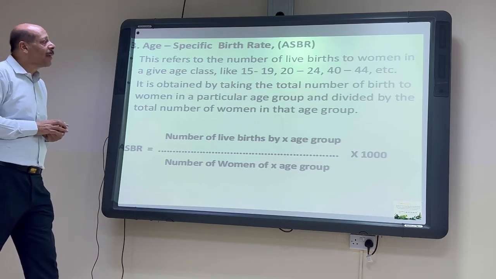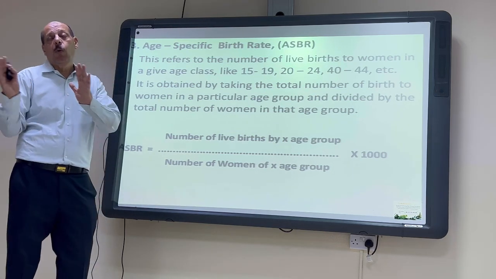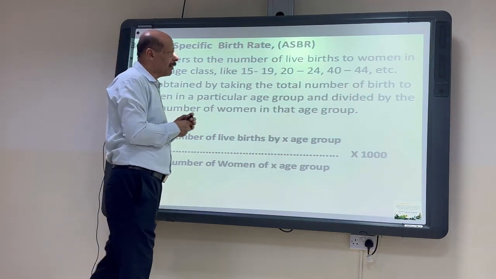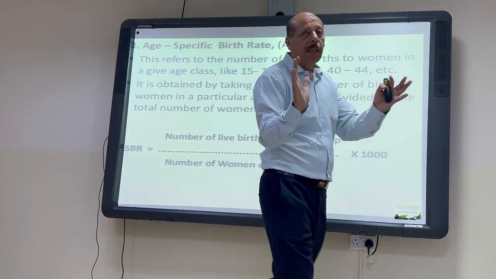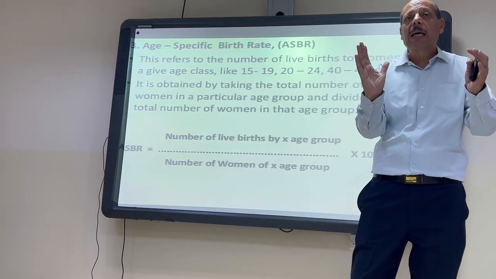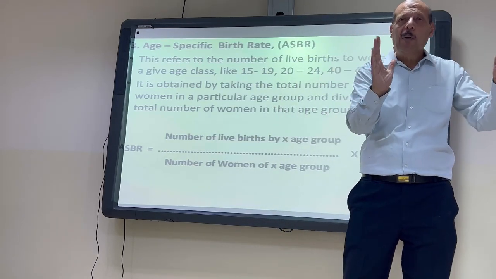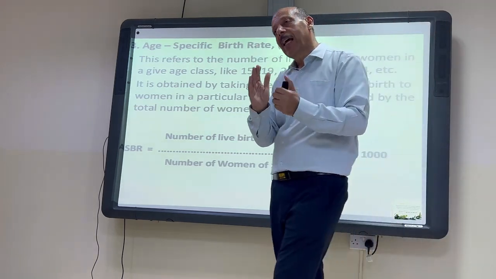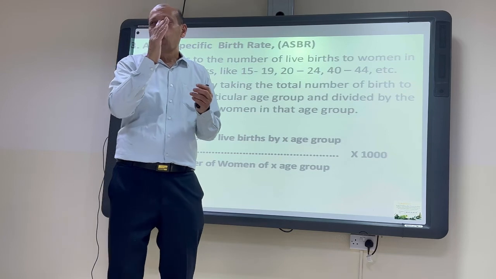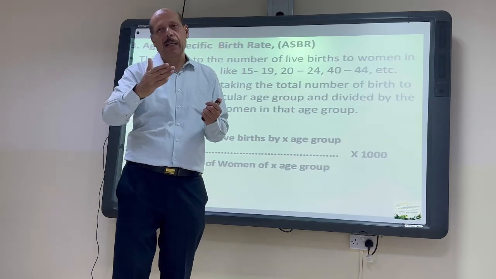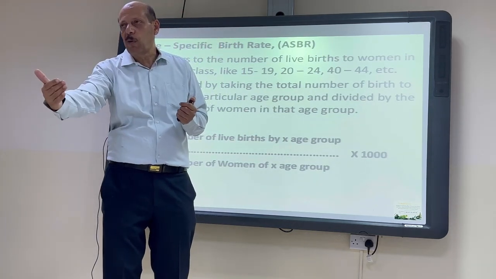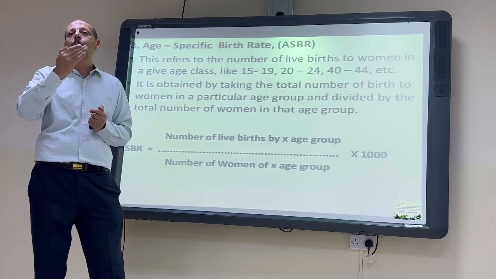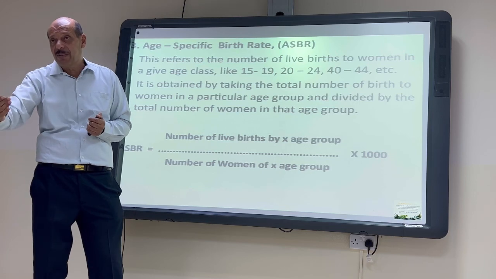The age-specific birth rate. Sometimes we study the age-specific birth rate in order to see the birth rate below the age of 18, the birth rate between the ages of, for example, 18 to 24 years old, or the birth rate for those who are over 45.